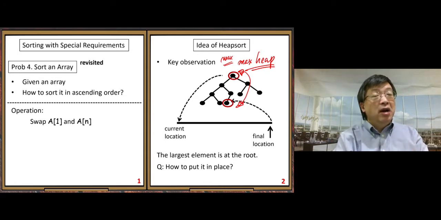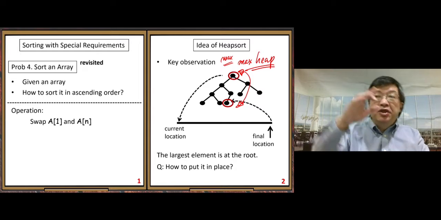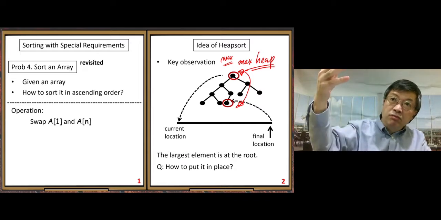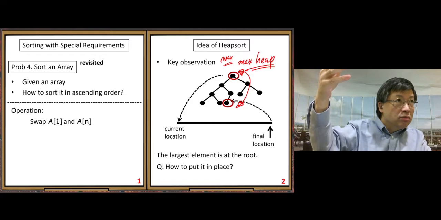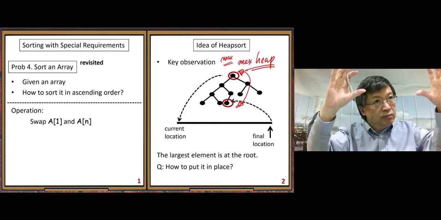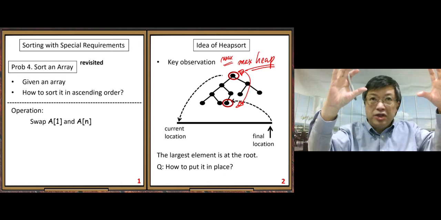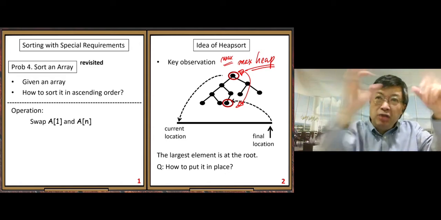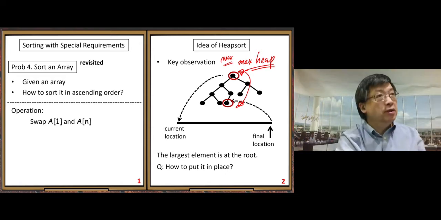But you may ask, after we do this swap operation, the heap structure does not follow the max heap requirement, right? Yes, it violates the max heap requirement after the swap.